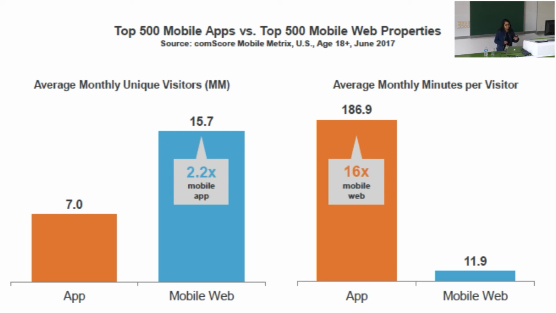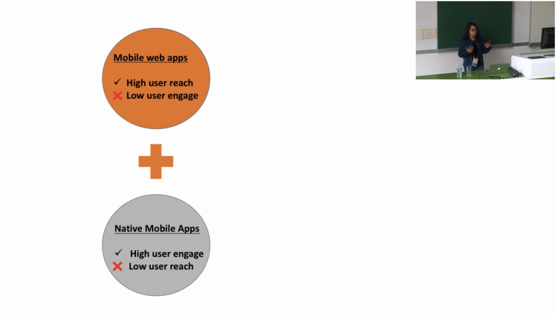So native applications are much more engaging in that sense, and that's why we see almost 16x the time the user spends on a native application as compared to a web application. So comparing these two parameters, we see a contrasting pattern between the two.